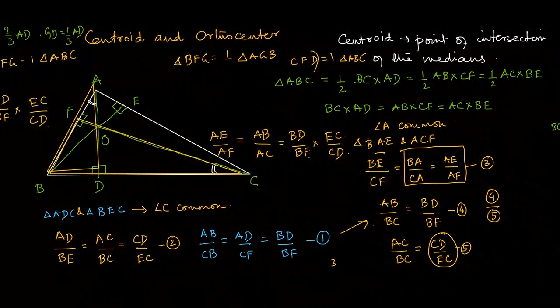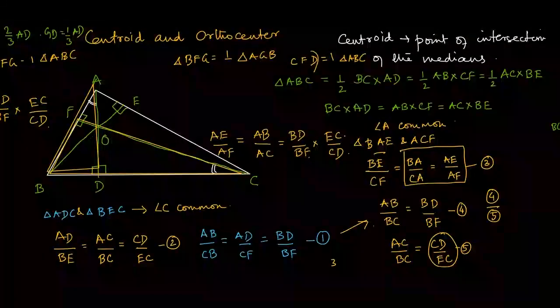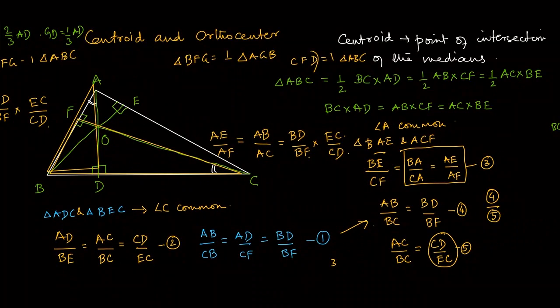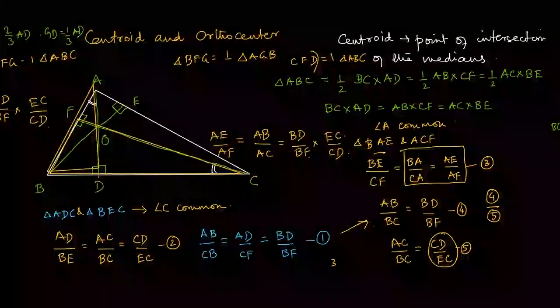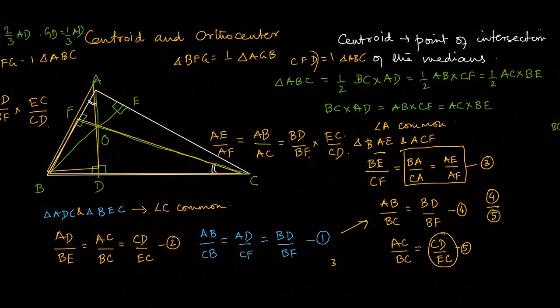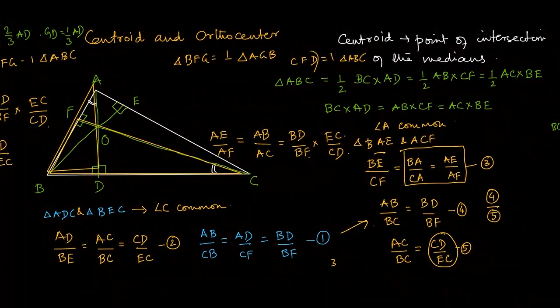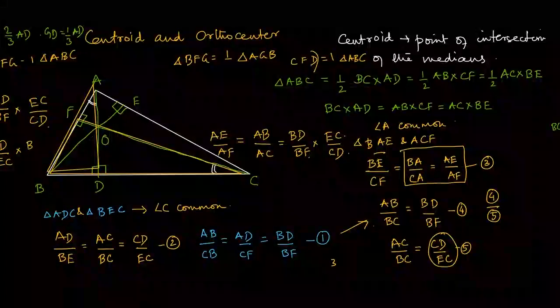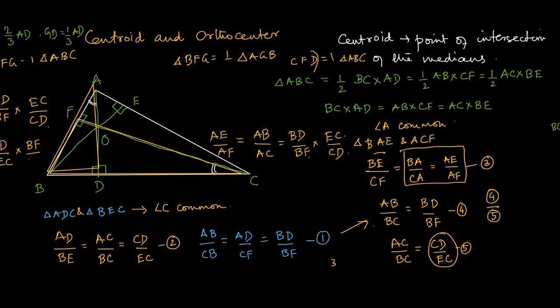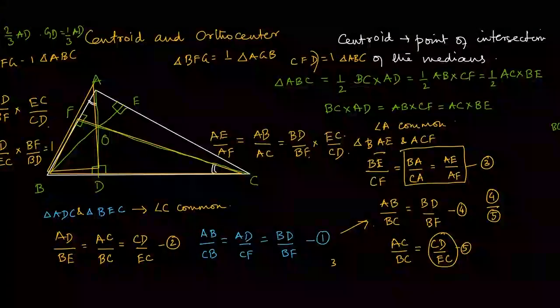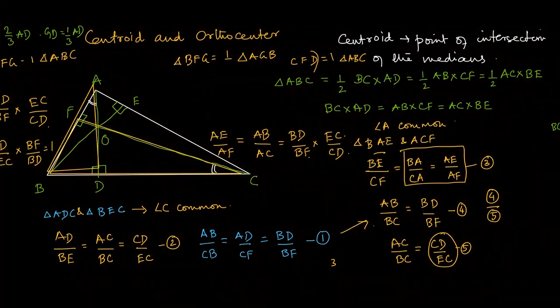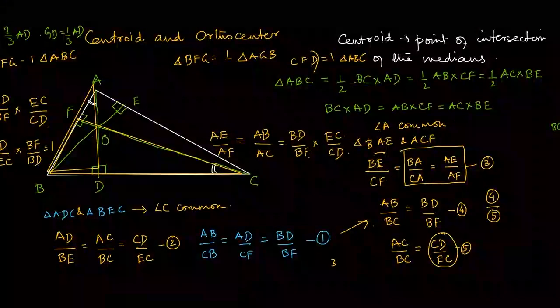Sorry. So I can write AE by AF into CD by EC into BF by BD is equal to 1, right?